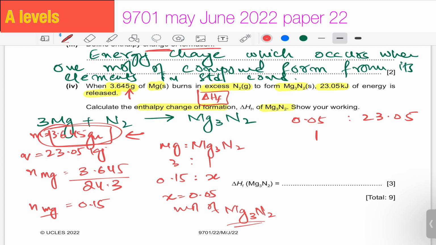So what if 1 mole forms? That would be 23.05 divided by 0.05, and because this is energy released, the answer would be negative, exothermic. So that is equal to minus 461.